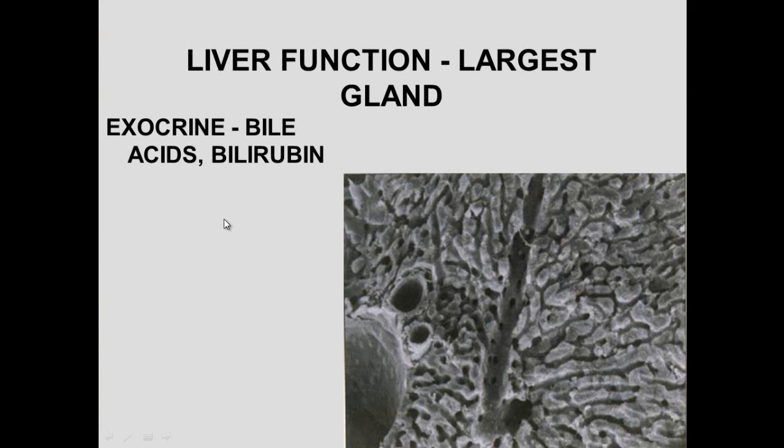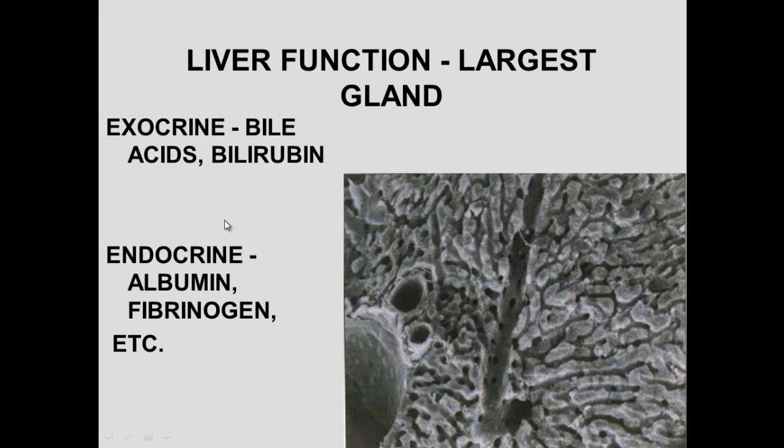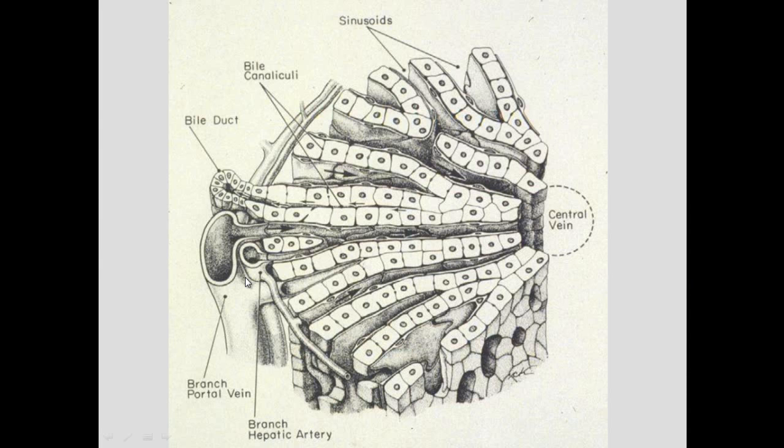So it produces bile salts. Also, for the endocrine function, it produces albumin. Albumin is very important for osmotic pressure of the blood, and also fibrinogen, clotting factors, things like that are produced directly in the blood as endocrine.